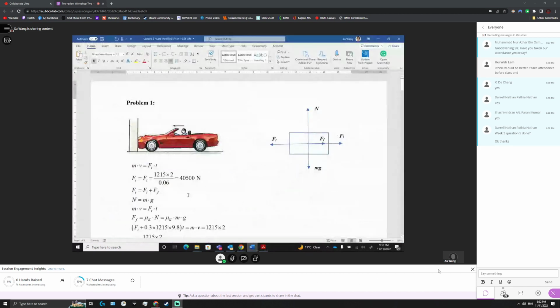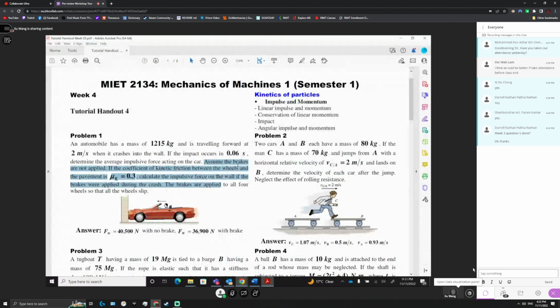Okay, the first question is already answered. From this one, I get 40,500 Newton. The second one assumes the brakes are applied in this case. If the coefficient of kinetic friction between the wheels and the pavement is 0.3, calculate the impact force on the wall if the brakes were applied during the crash.